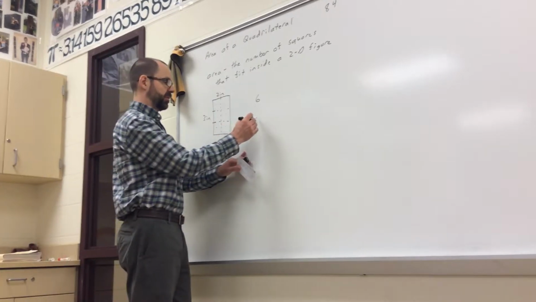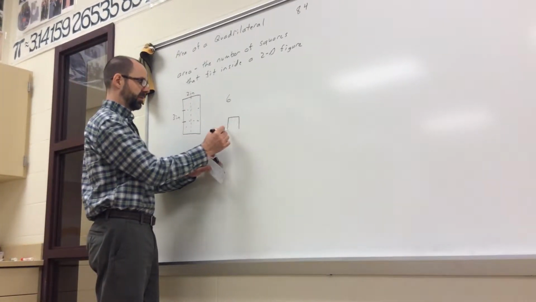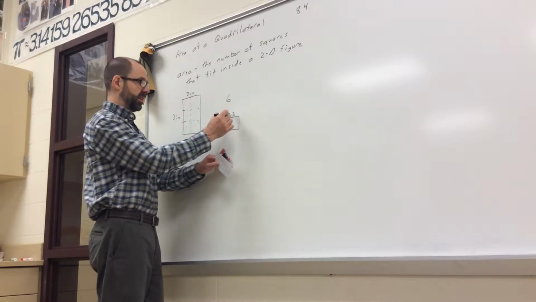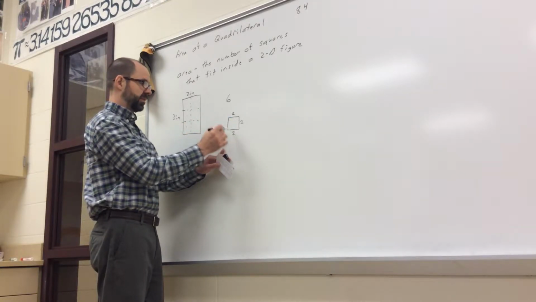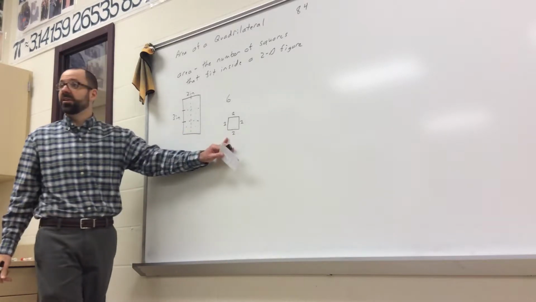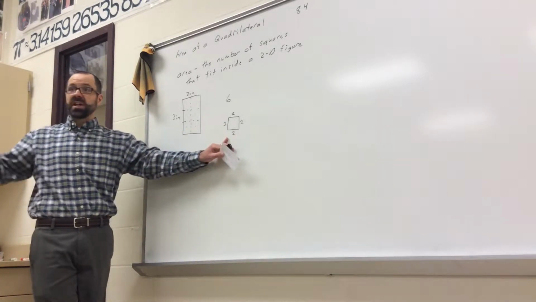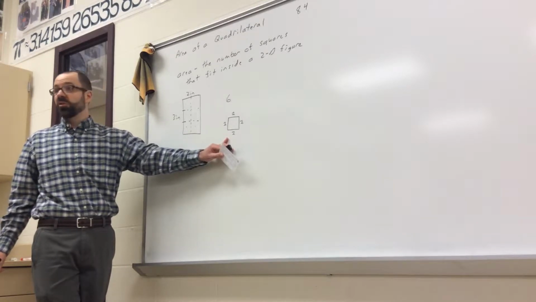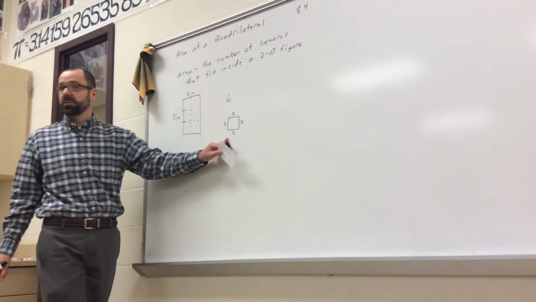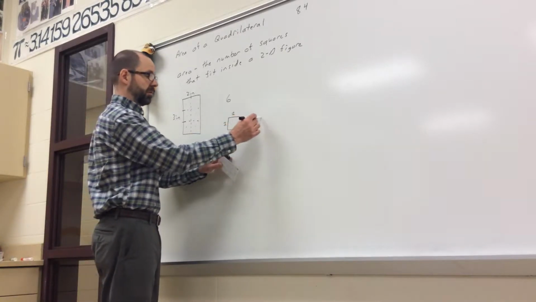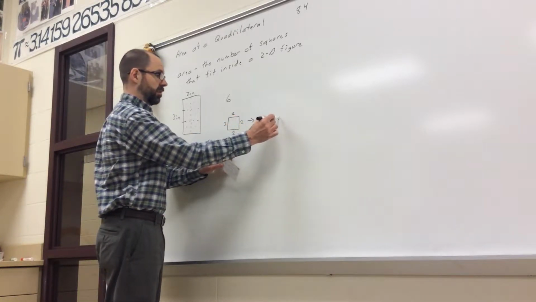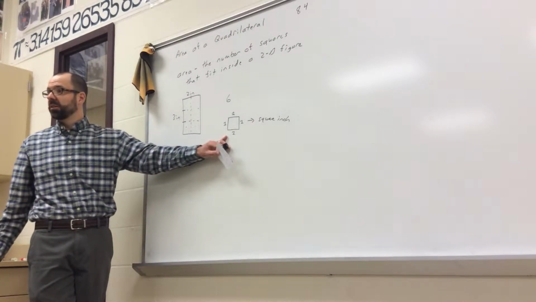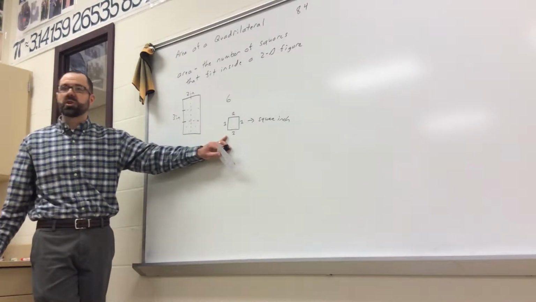And the squares look like this. They are 1 inch on every side. So 1 inch, 1 inch, 1 inch, 1 inch. So this is a square that is 1 inch on every side, and so it's called a square inch.